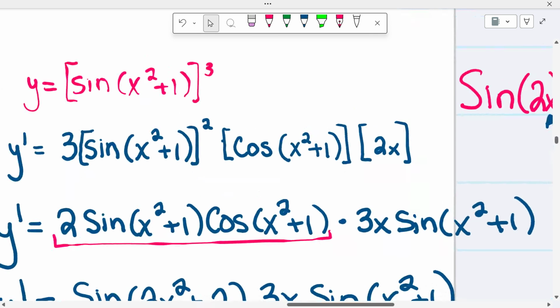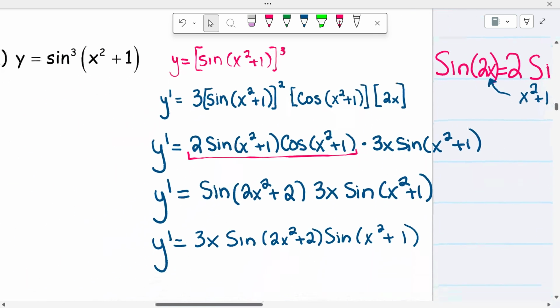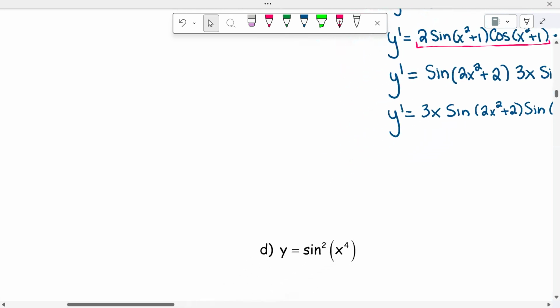Not all the crazy co-identities on your formula sheet. I'm talking about the ones you're used to from 30-1, so your Pythagorean identities and your double angle identities. Those are the only patterns you're looking for. None of the other ones are going to come up. Okay. All right.